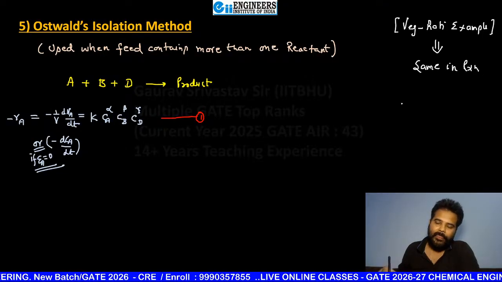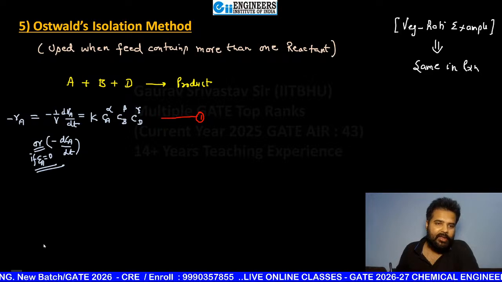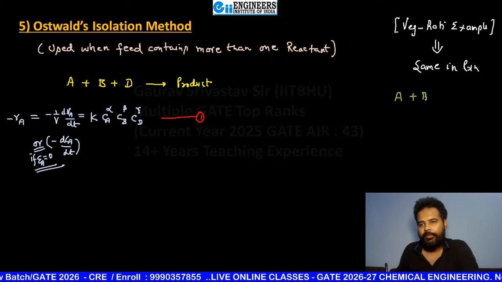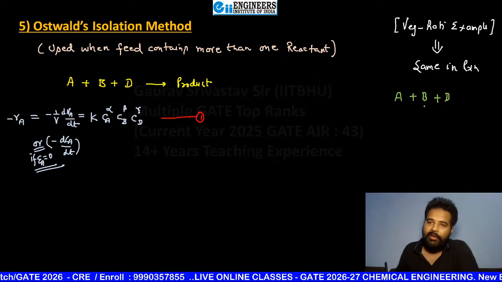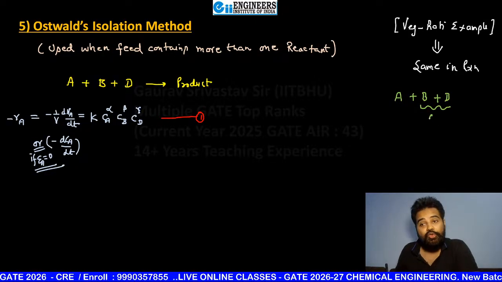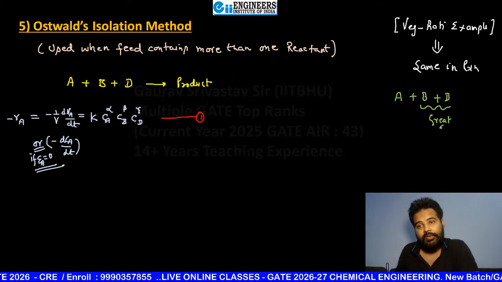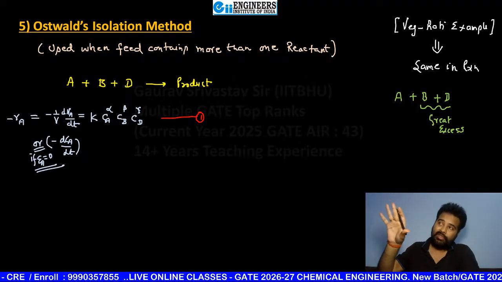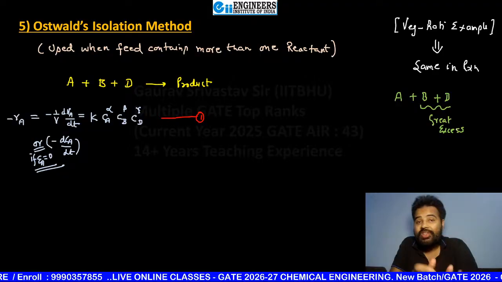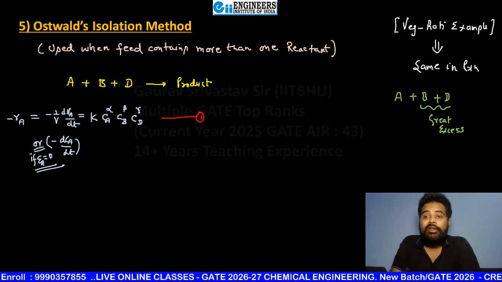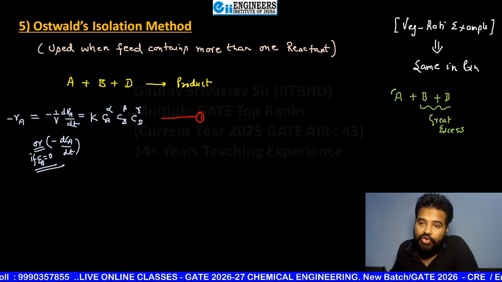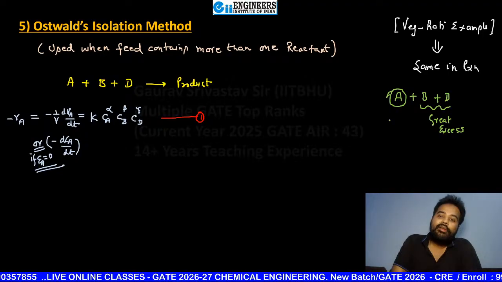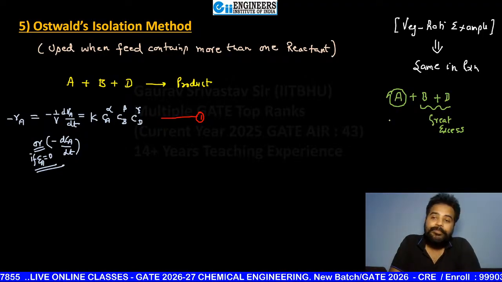If B and D we are using in great excess, then the rate that you are checking, the rate that changes with respect to time, is clearly going to depend upon the concentration of A only. Are you getting my words?